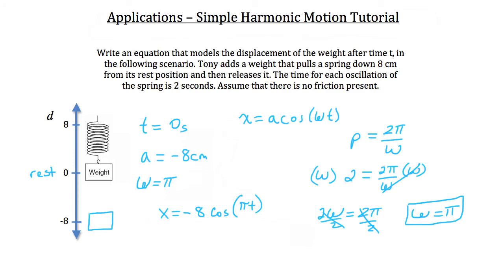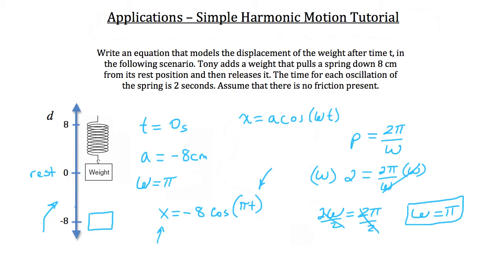All you have to do now is use this formula and plug in whatever your time is, in seconds, so you could take any time you wanted, and that would give you your x, your displacement. It would tell you exactly where that weight is position-wise. If you got a positive answer between 0 and 8 for your displacement, you would know that your weight is above your rest position. And if your displacement was negative at the time that you put it in, you would know that your weight is below your rest position.